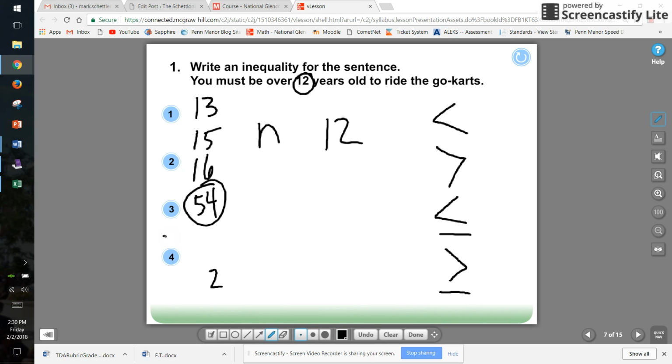That wouldn't work. And also what wouldn't work would be 12-year-olds, and I'll tell you why. It says you must be over 12. So in this case, all the numbers that I said could work for n are greater than 12. So my inequality would be n is greater than 12.